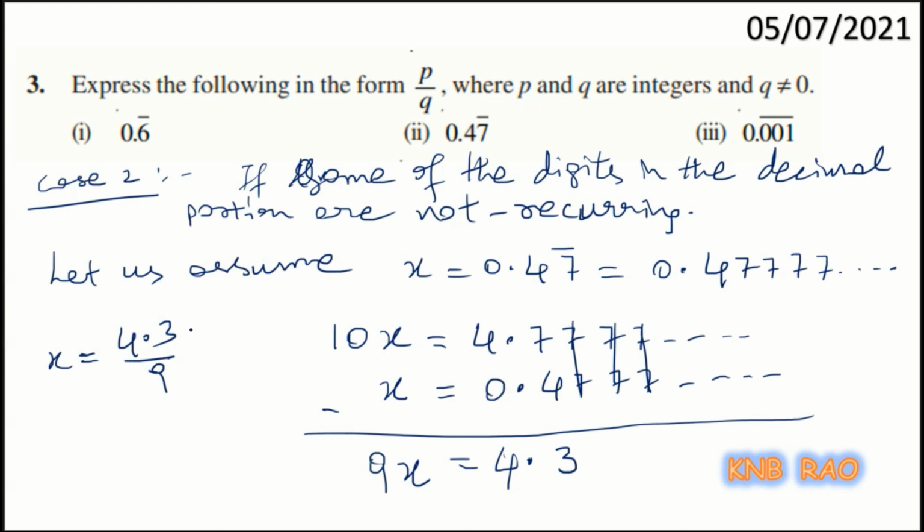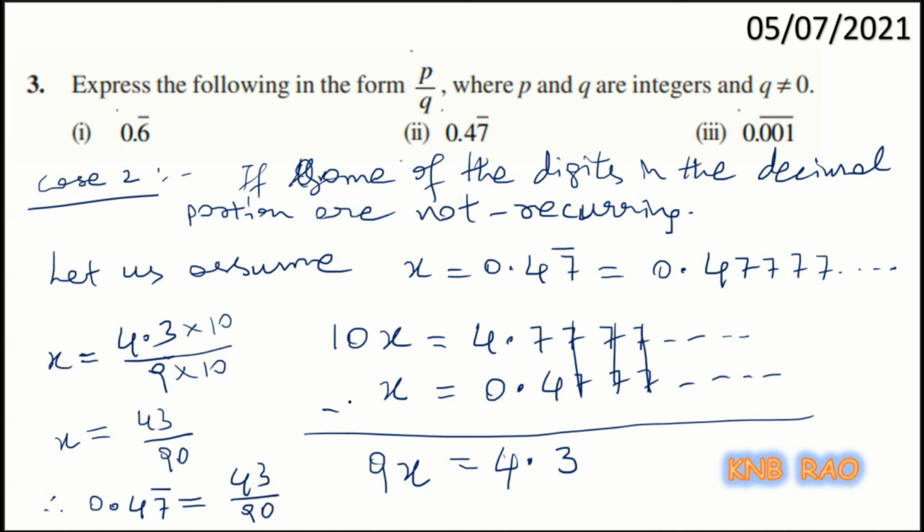So, to make it integers, I have to multiply both numerator and denominator by 10, and 4.3 multiplied by 10 gives 43, and 9 into 10 becomes 90. So, the value of x is that, therefore, I can say 0.47 bar, only 7 bar, is 43 upon 90. So, this is the p by q form of 0.47 bar.